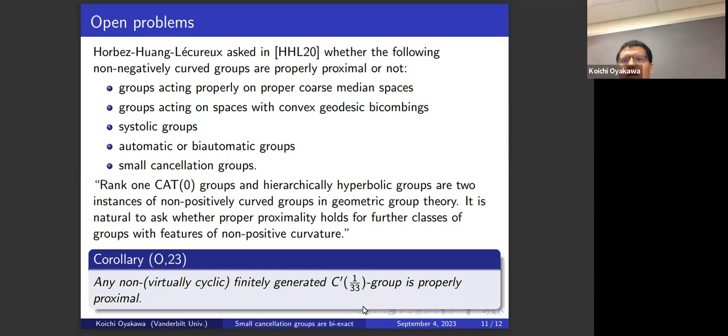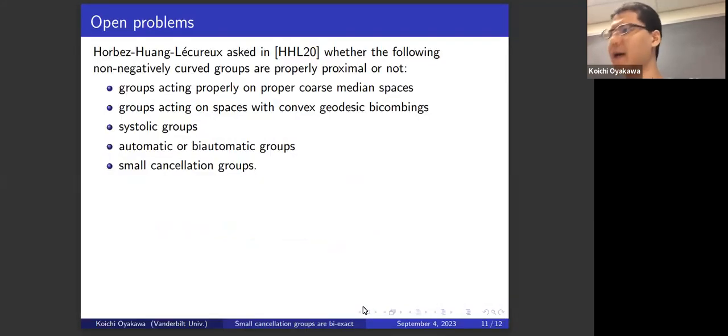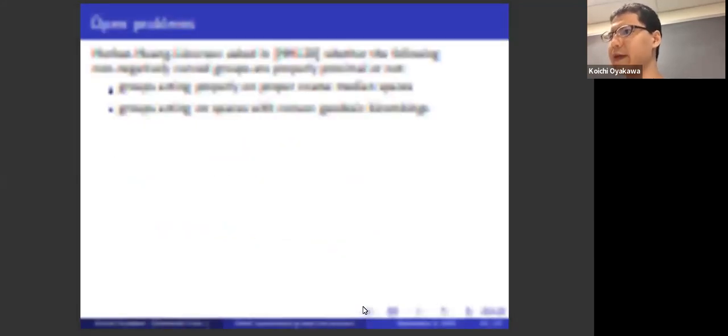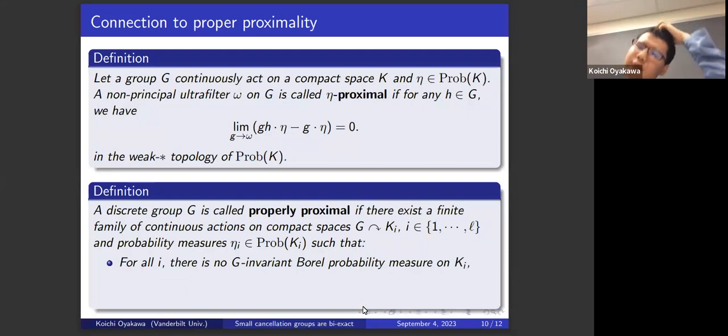The corollary of my previous theorem is that any non-virtually cyclic finitely generated C prime 1/33 group is properly proximal. If a group is amenable, then because the compact space has invariant measures, an amenable group is not properly proximal.